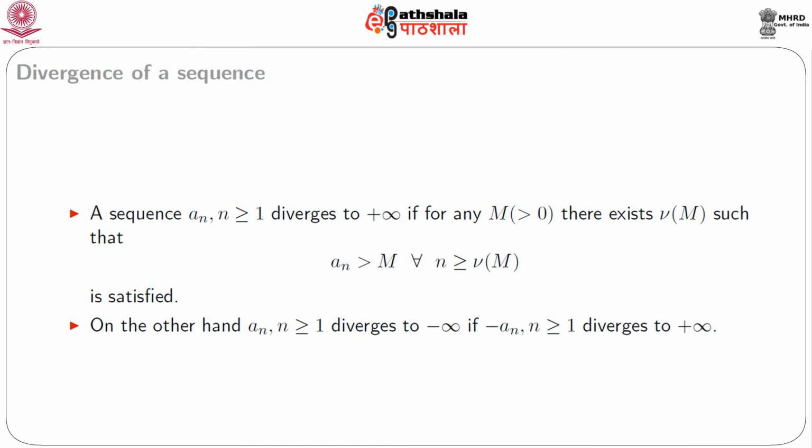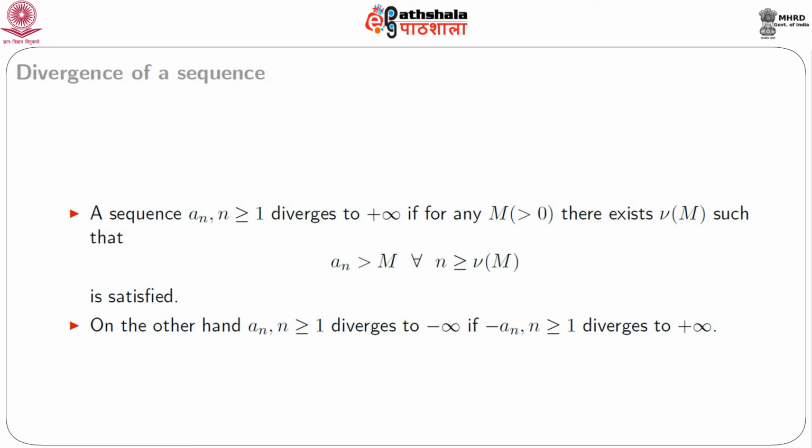A sequence a_n diverges to plus infinity if for any capital M, a positive quantity, there exists a ν(M), which is a function of capital M, such that a_n is greater than M for all n greater than or equal to ν(M). On the other hand, a_n diverges to minus infinity if minus a_n, the new sequence, diverges to plus infinity.